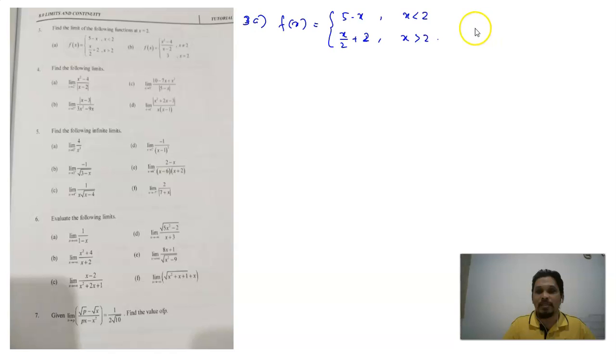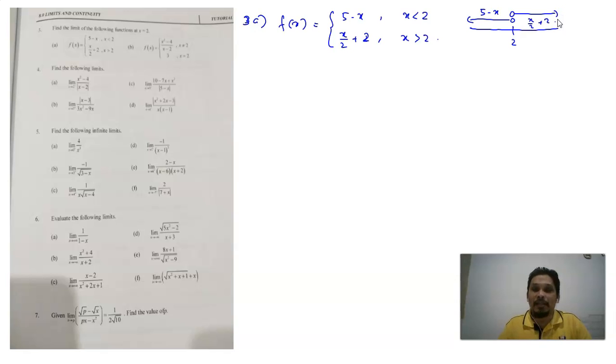So let's come up with this number line of 2, and we have the domain of x less than 2 is for 5 minus x, and x greater than 2 is for the function x over 2 plus 2.